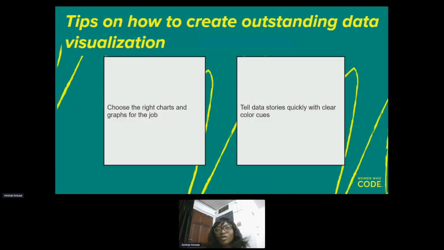So, tips on how to create outstanding visualization. I've gone from collection to, okay, after you collect your data, what next? After collecting your data, you're supposed to clean it.